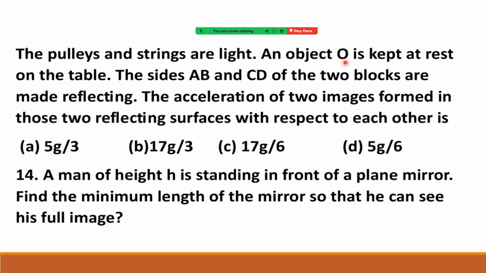An object O is kept at rest on the table, and the sides AB and CD of the two blocks are made reflecting. The acceleration of the two images formed in those two reflecting surfaces with respect to each other is?